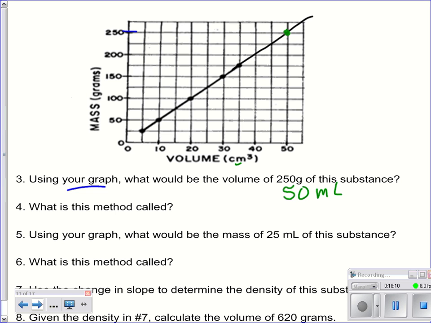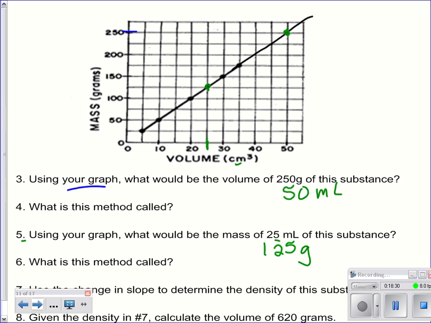I could do the same thing here for number 5. It says using your graph, what would be the mass of 25 milliliters? Here's 25 milliliters. I come up, yeah, there's no data point there, but there's a line. I have my line there. I can come over and see it's 125 grams.